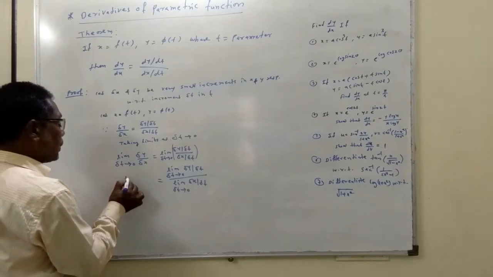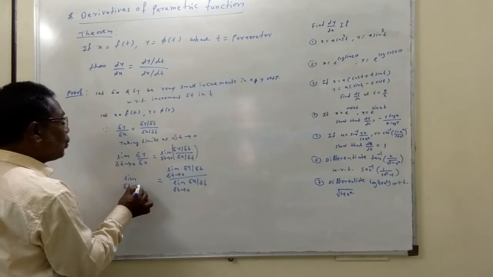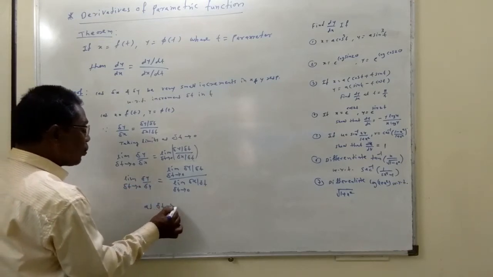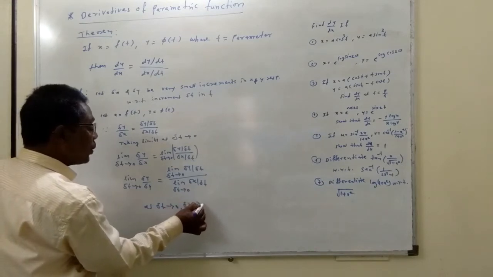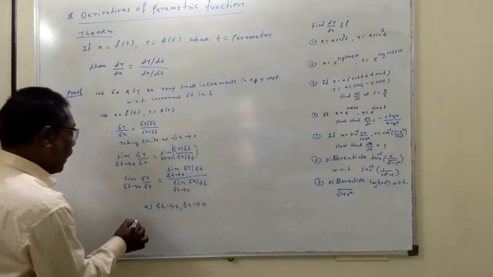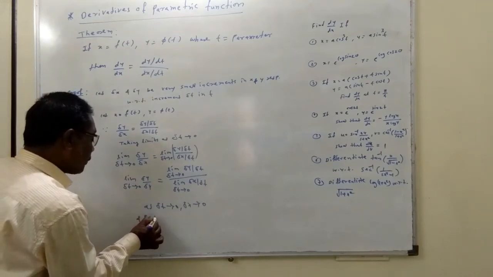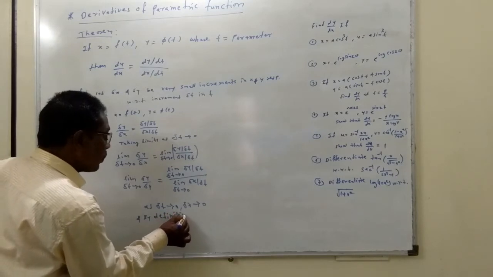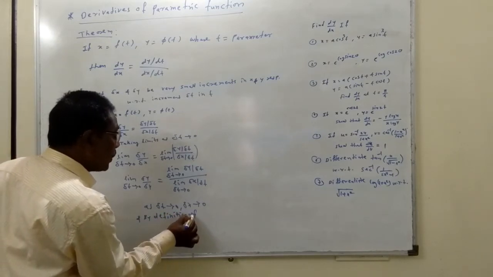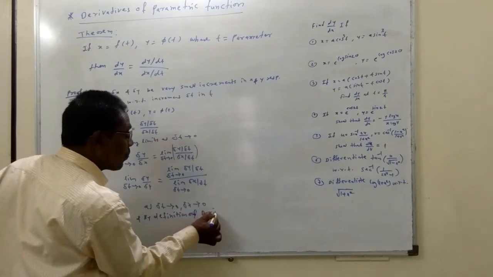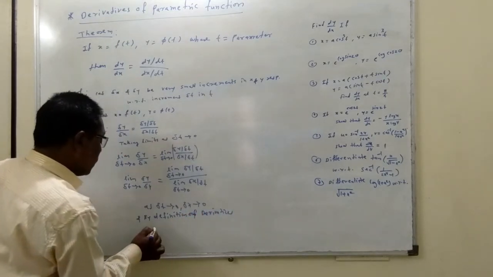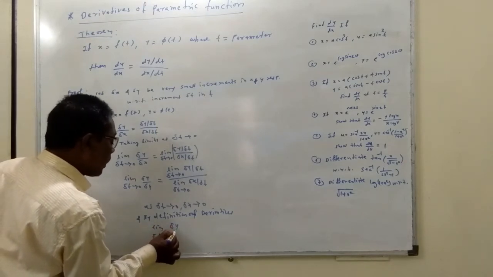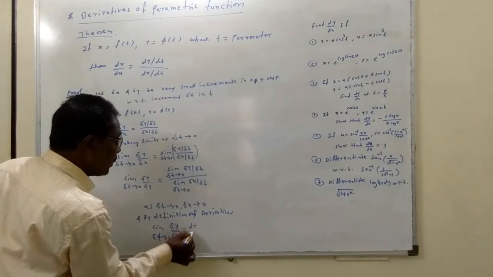Now here, as delta t tends to 0, delta x also tends to 0, and by definition of derivative, the limit as delta t tends to 0 of delta y upon delta x is dy by dx.